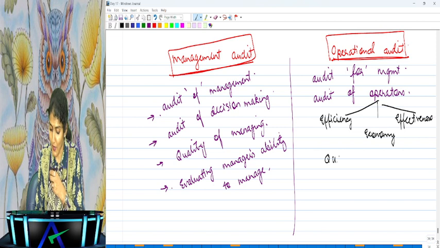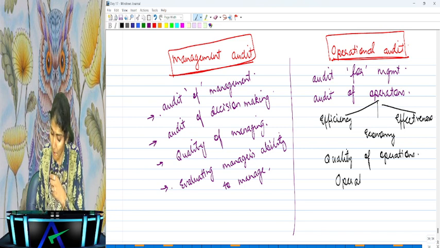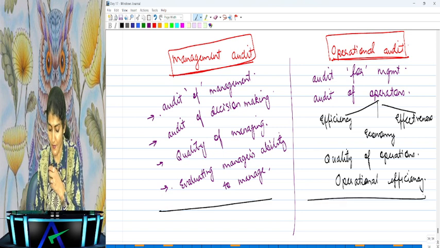That means you are checking the quality of operations, that is, the operational efficiency in an organization.